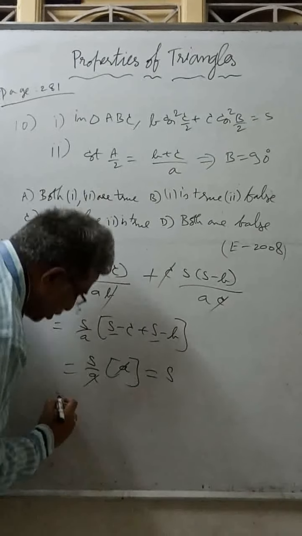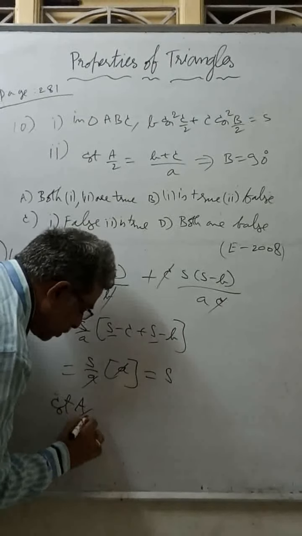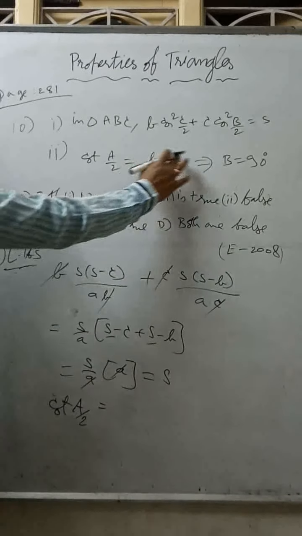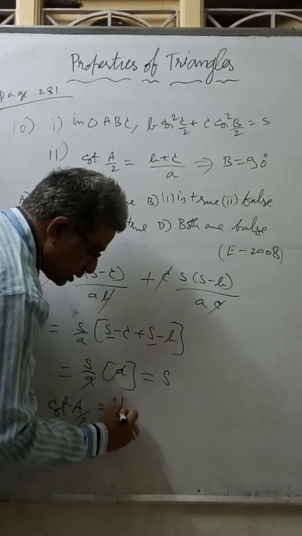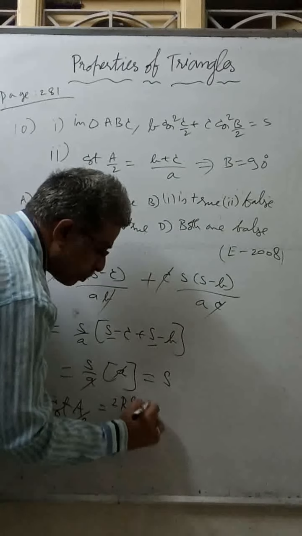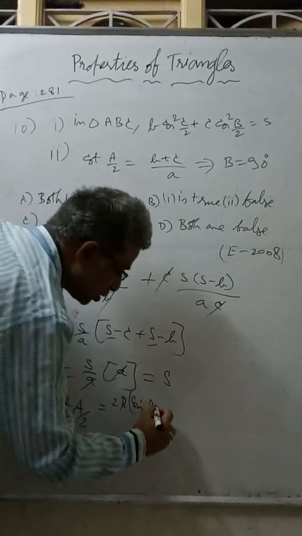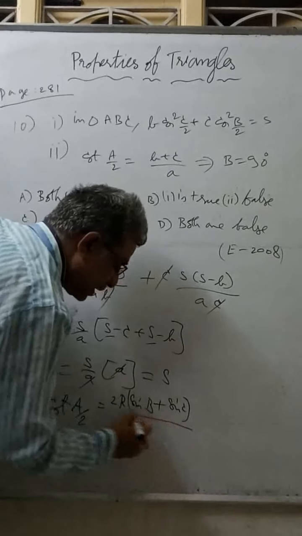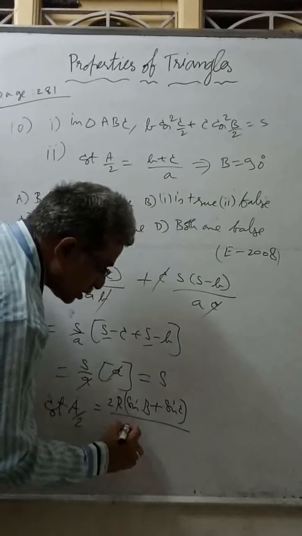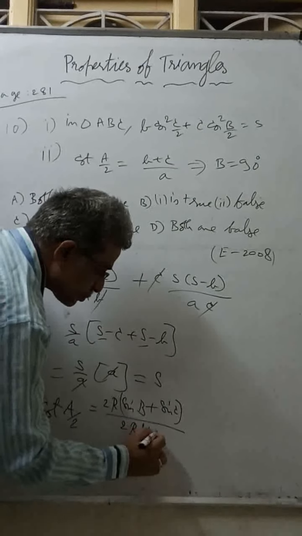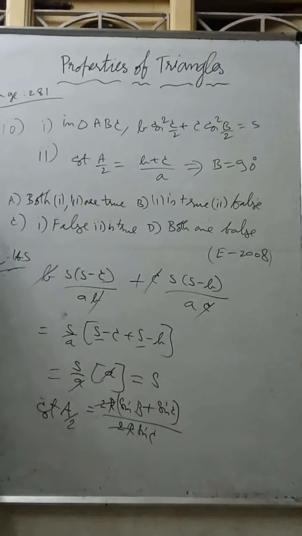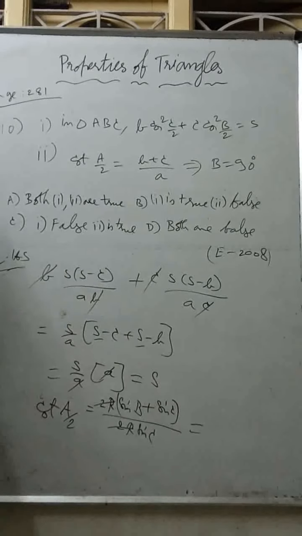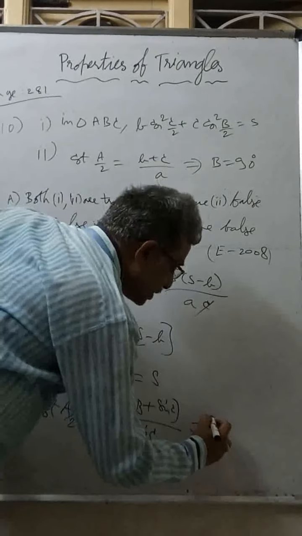Mollweide's formula, we don't remember. No problem, we will derive it. It is giving cot(A/2) = (b + c)/a. b is 2R sin B, c is 2R sin C. So I am taking 2R common, sin B plus sin C. If we don't know the formula, we will derive, no problem always. a is 2R sin A. 2R cancels. And this is the sin C plus sin D formula: 2 sin((C + D)/2) into cos((C - D)/2).